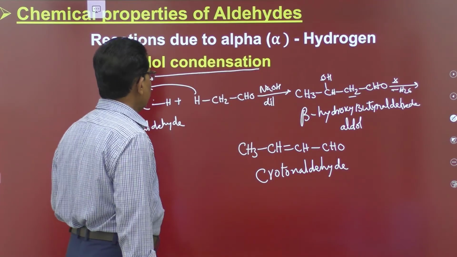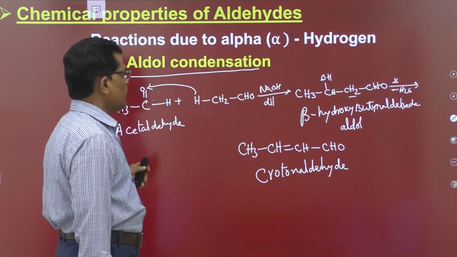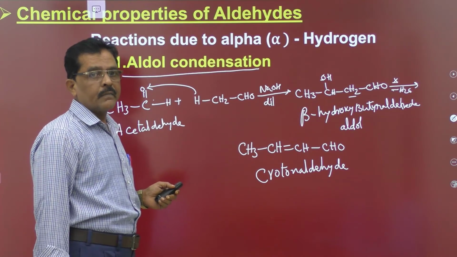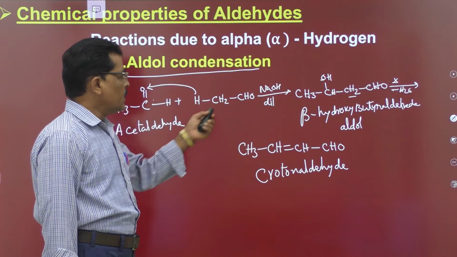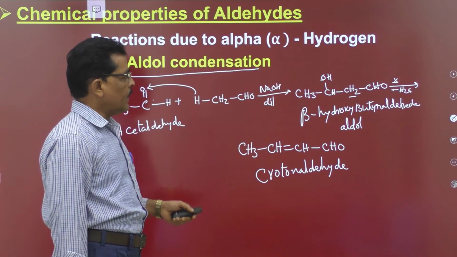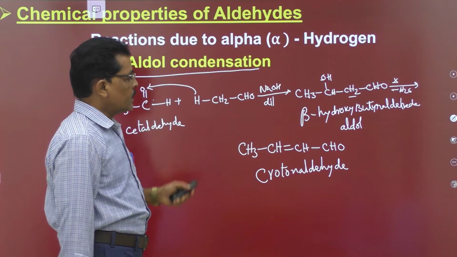So aldol condensation means those aldehydes having alpha hydrogen atoms, heated with dilute NaOH, give beta hydroxy aldehydes, called aldol.